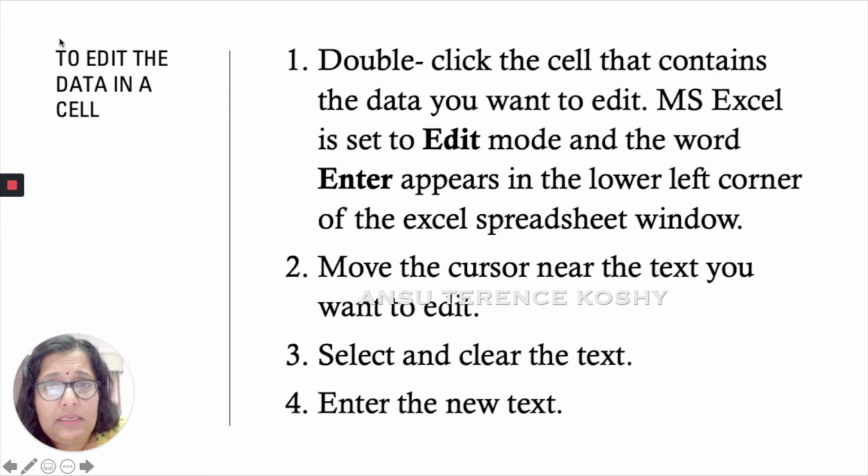Move the cursor near the text you want to edit. You can move your cursor to the place that you want, select and clear the text and enter the new text. You can remove the whole thing or you can remove a part of the content of the cell with this method.